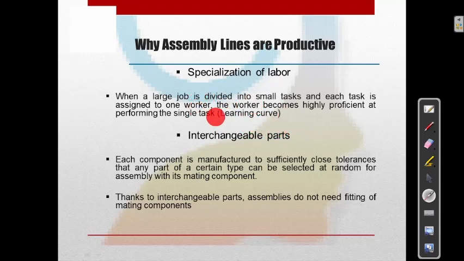Otherwise, we can call it skilled labor. And then interchangeable parts. Each component is manufactured to sufficiently close tolerance that any part of a certain type can be selected at random for assembly with its matching component. That is interchangeable parts: assemblers do not need to fit matching components.